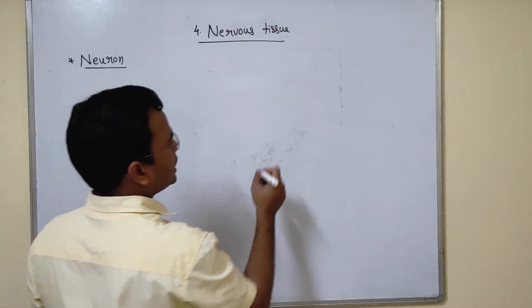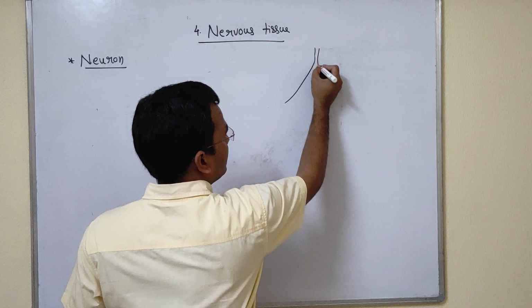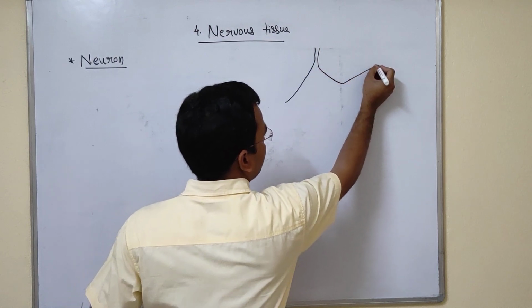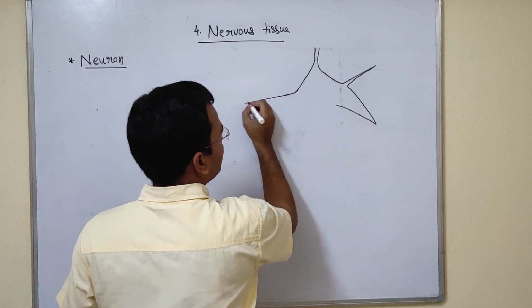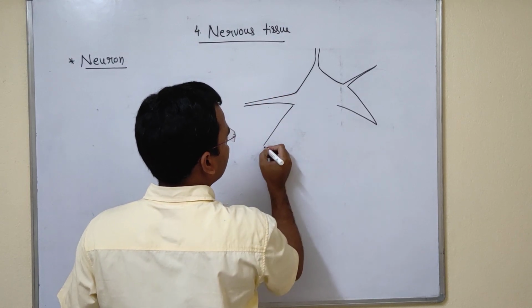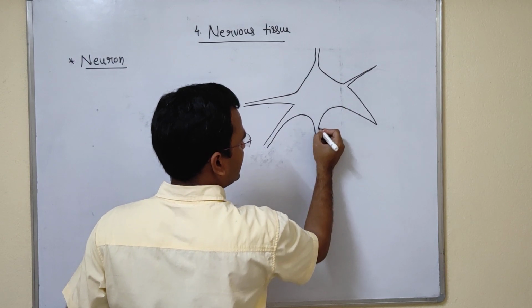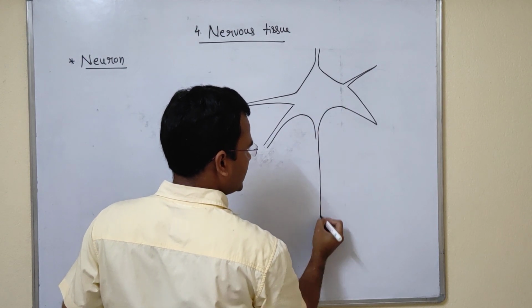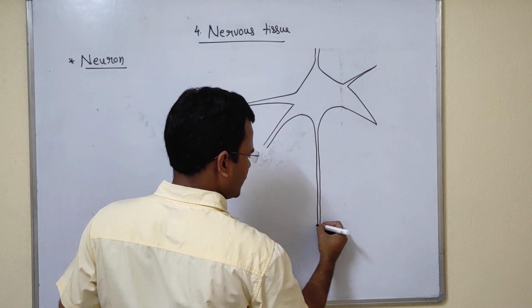If we see the structure of a neuron, this you can generally see in the 10th board exam, and in the 9th also, or in the 11th also, the question will come: draw a well labeled diagram of a neuron.